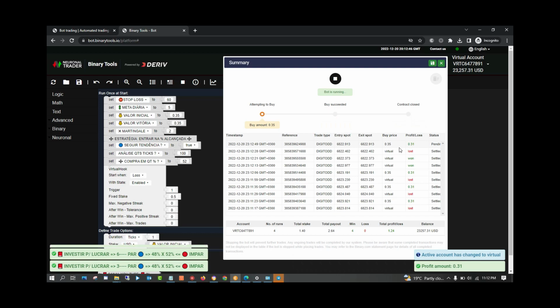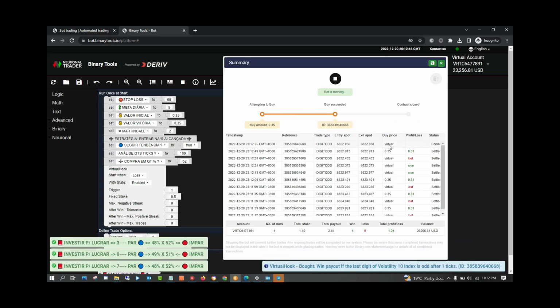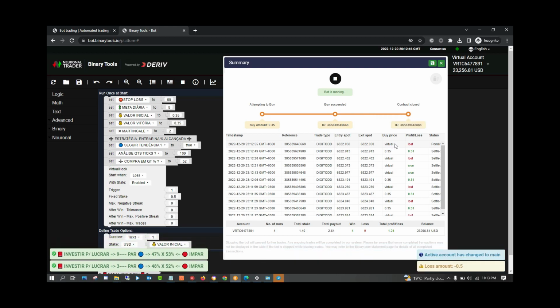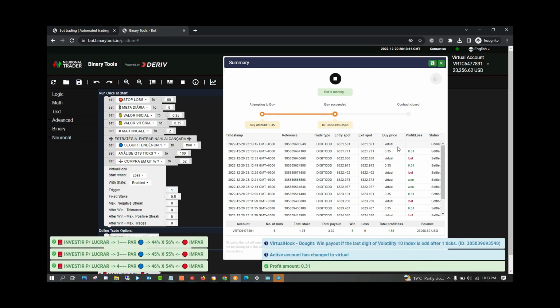After winning on real account, it goes back to virtual, right? After losing, it goes back to real account, right? As you can see, it now goes back to virtual.